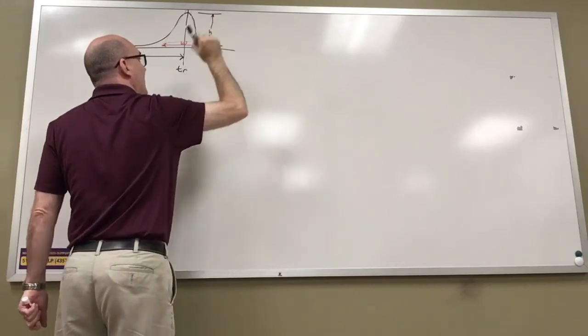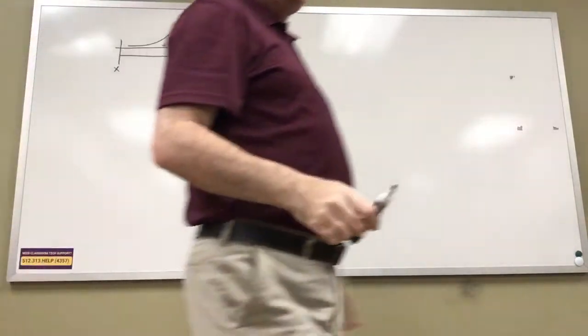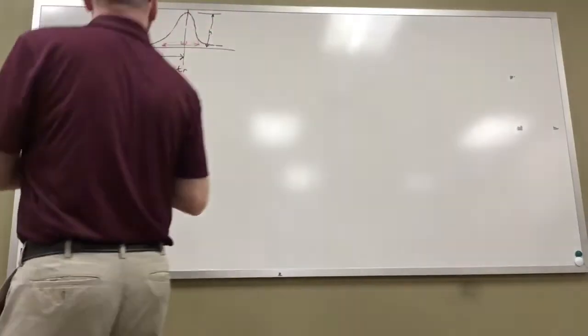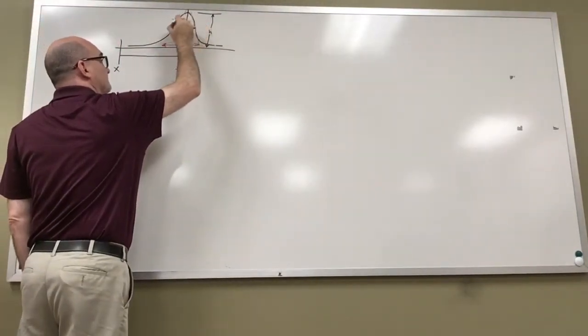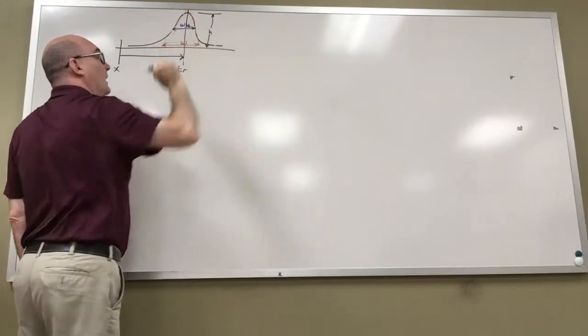That value is still the height. But at half height, I get another value of width. This becomes W half.